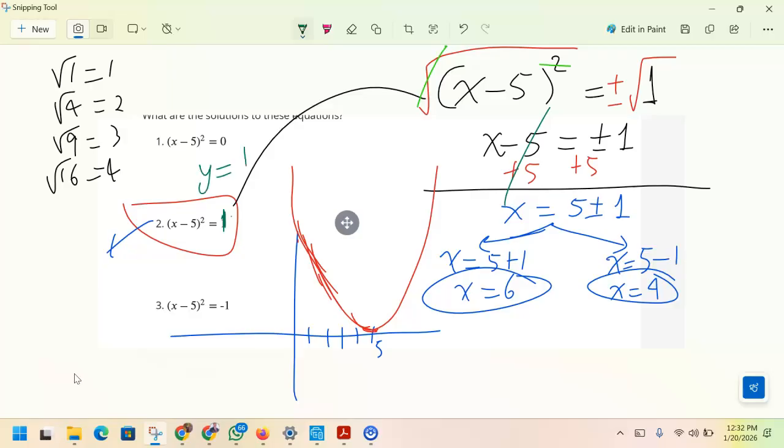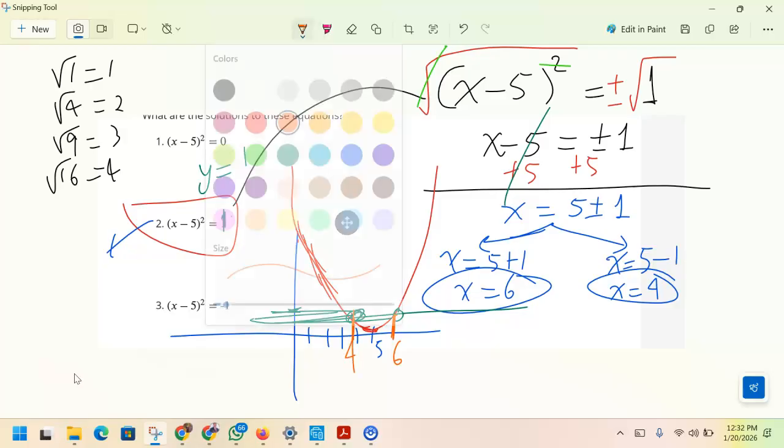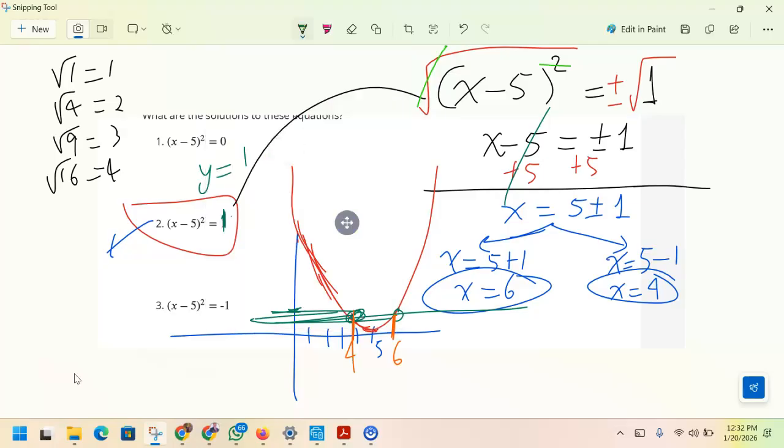We want to know when it is going to be intersecting 1. So this may be the one. We want to know where it crosses, and you can see it exactly crosses at 6, and crosses at 4. So that's the meaning of that.